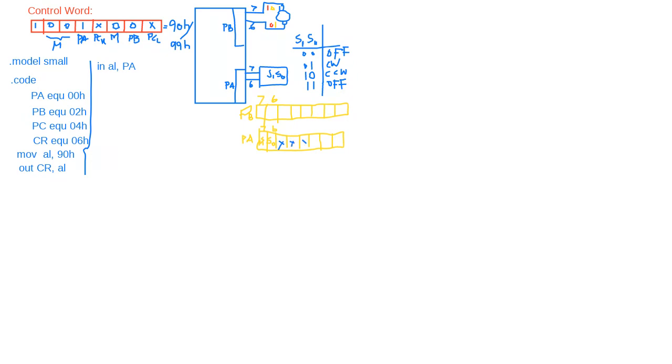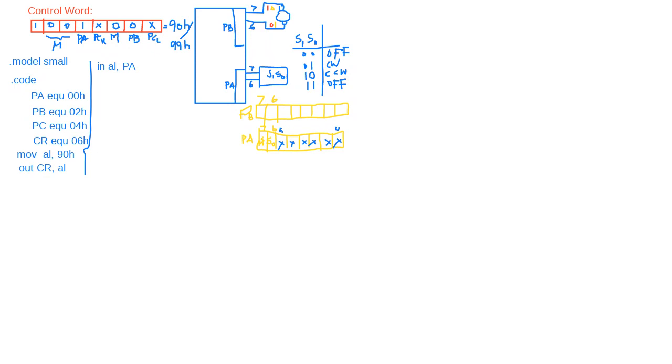So that means we have to mask off these bits, these 6 bits, 0 to 5. We are not interested in them. We are only interested in 6 and 7. So how can we mask the other bits?